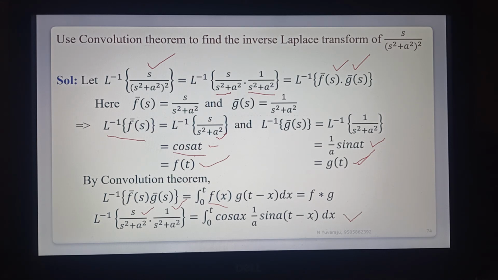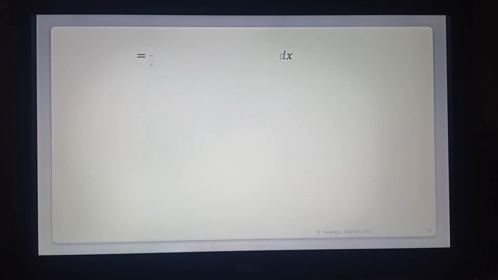Now we find this integration. That is equal to 1 by 2a.